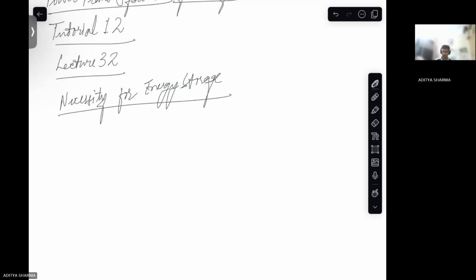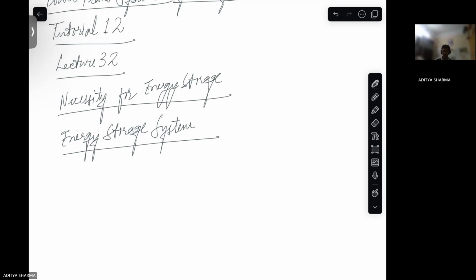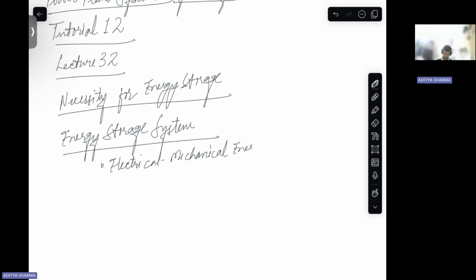Then, energy storage systems. In your energy storage, you have electrical mechanical energy storage; this is one subcategory.